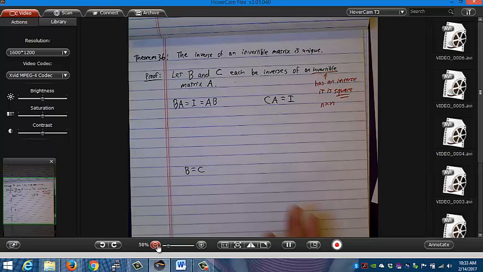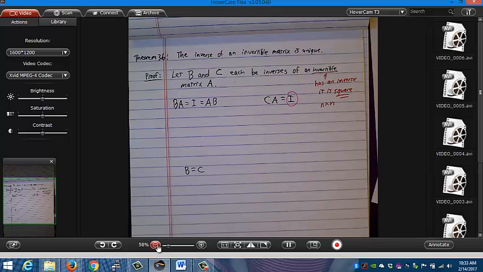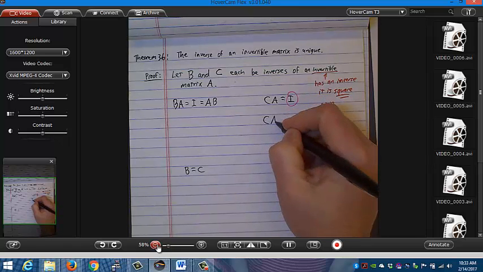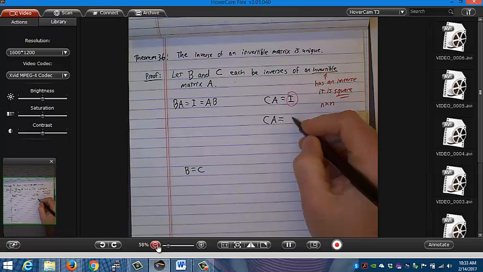Do you see what's common to both equations? The identity is common to both equations, right? So this identity you can replace with what? Sure, so tell me what to write here. BA? Okay, let's do that.